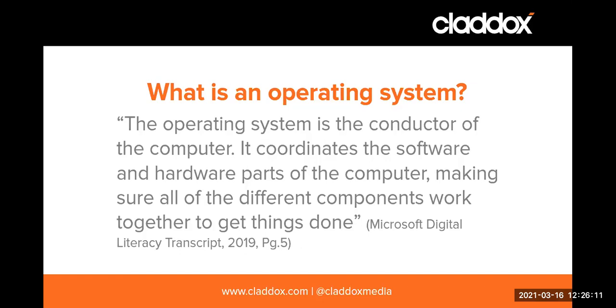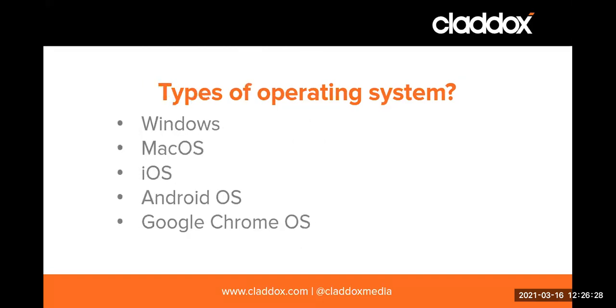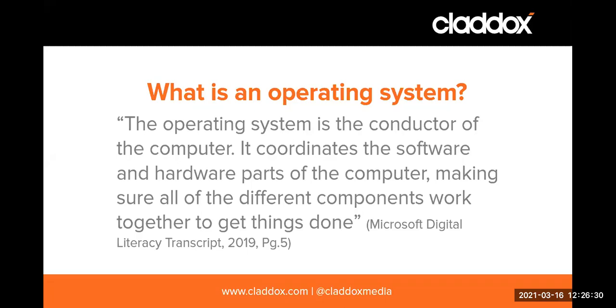Just like you cannot download an application from Google Play Store and install it inside your iPhone, it will not work. That is because the operating systems those applications are designed for are different. So the application you are installing must correlate with the operating system on your system.